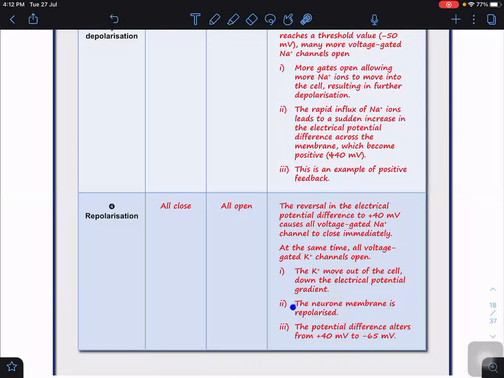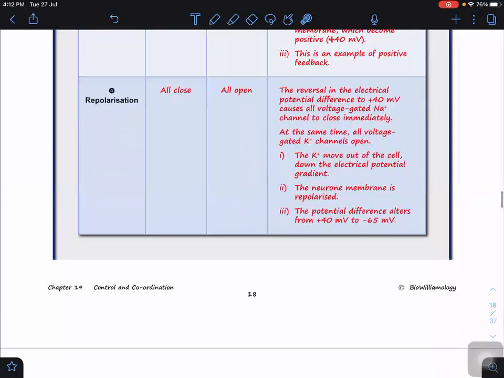So now we say that the membrane is repolarized. So the membrane potential goes straight from positive 40 all the way down to -65 millivolts, correct or not?